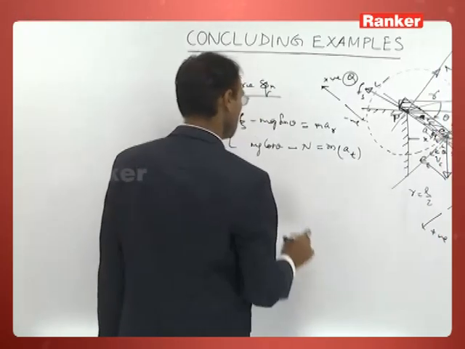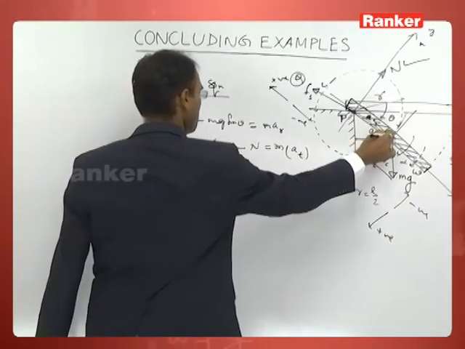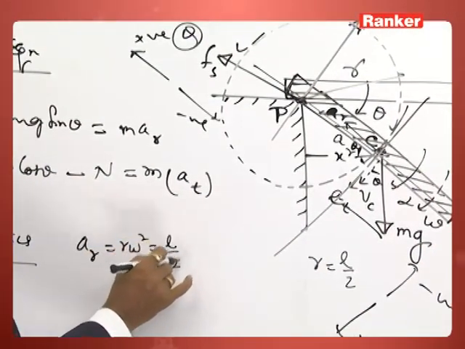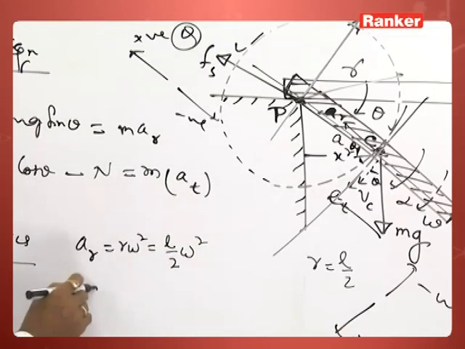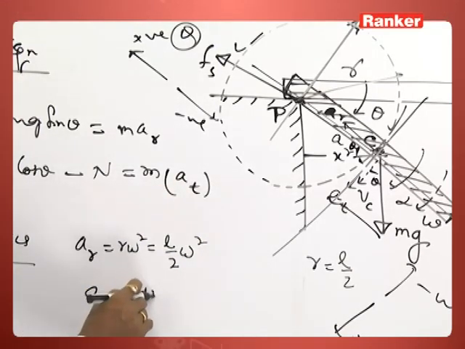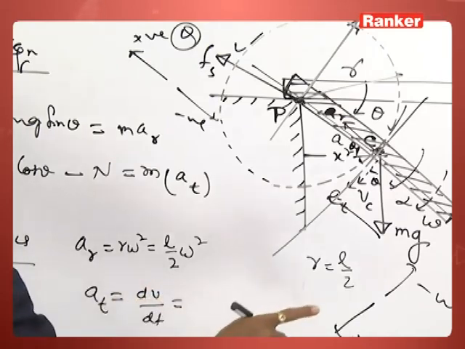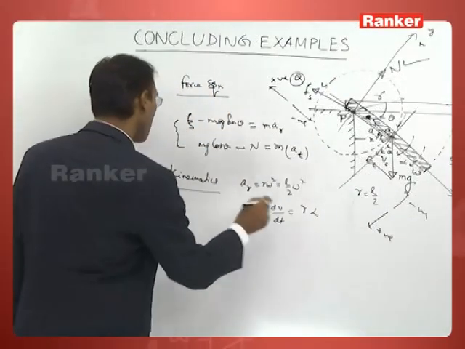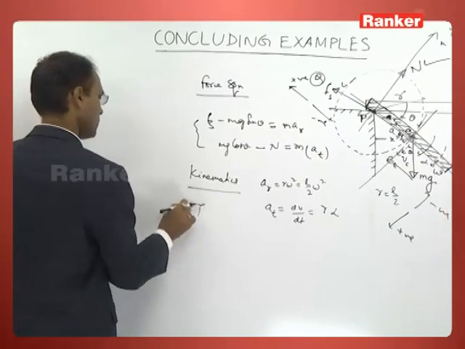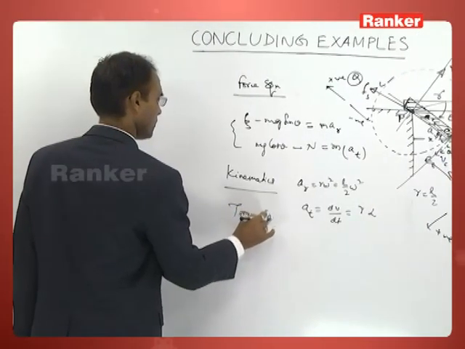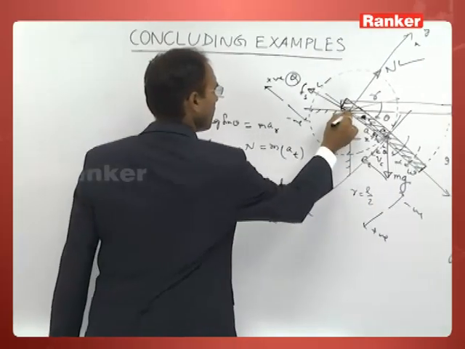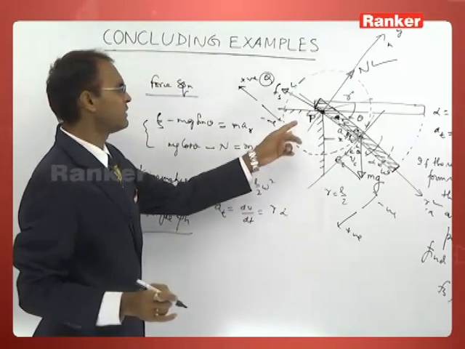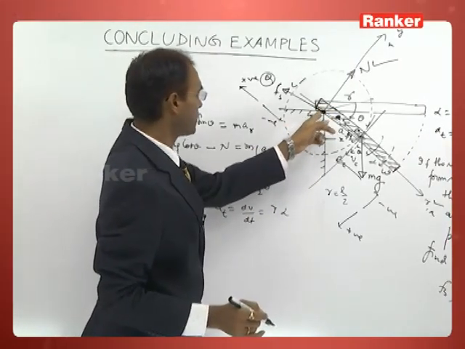It states that for circular motion of the center of mass, ar is equal to r omega square, r will be equal to L by 2, and at is equal to r alpha, which we have calculated. Alpha we have got by using the torque equation. These two forces will pass through the given point or this edge point, therefore they cannot produce a torque about this point.